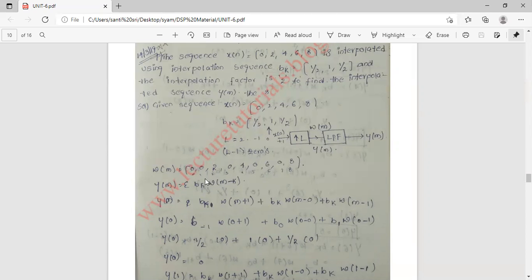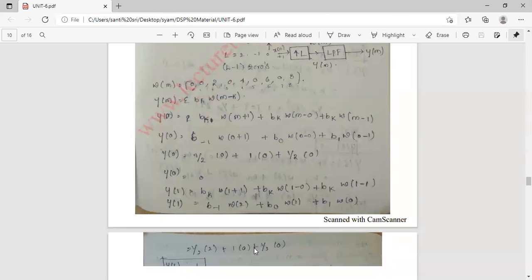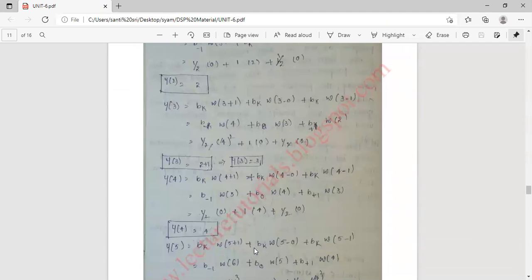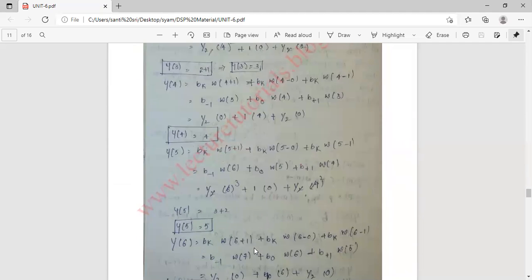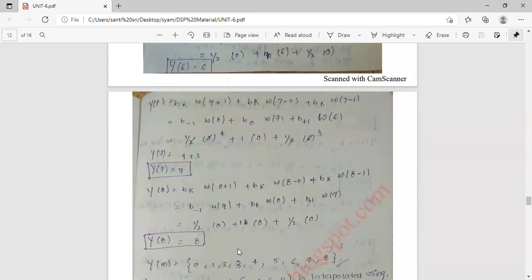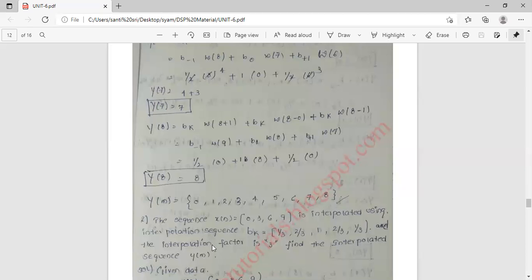So for every value, we'll calculate the y of 0 value, next y of 1 value, y of 2 value, y of 3 value, y of 4 value, y of 5 value, y of 6 value, y of 7 value, and y of 8 value. So that we will get the sequence of y of m, that is 0, 1, 2, 3, 4, 5, 6, 7, 8. Right? This is the problem.